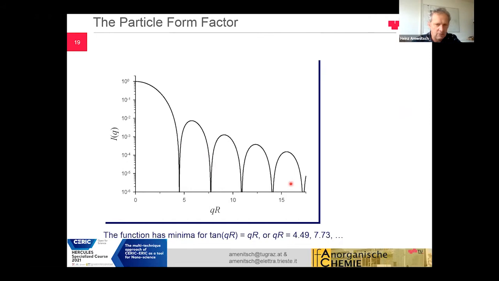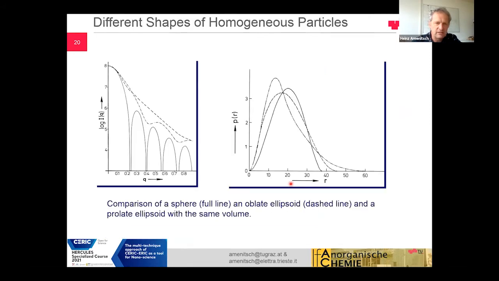And if you now look at the correlation between this intensity and the pair distance distribution function here, this is a comparison between spheres, oblate ellipsoids and prolate ellipsoids. So you have some very distinct features in reciprocal space, but also some very characteristic features in real space in the pair distance distribution function.